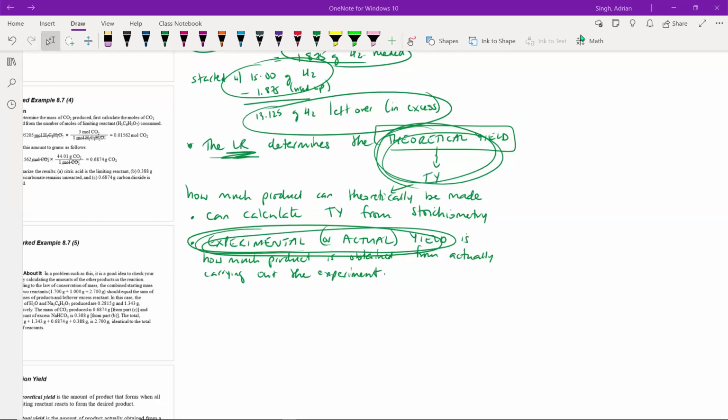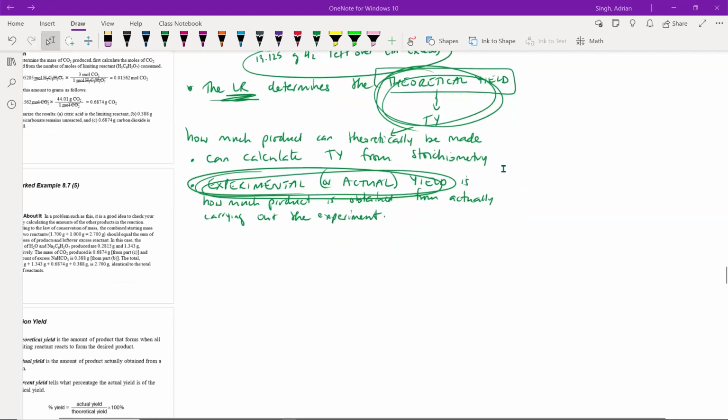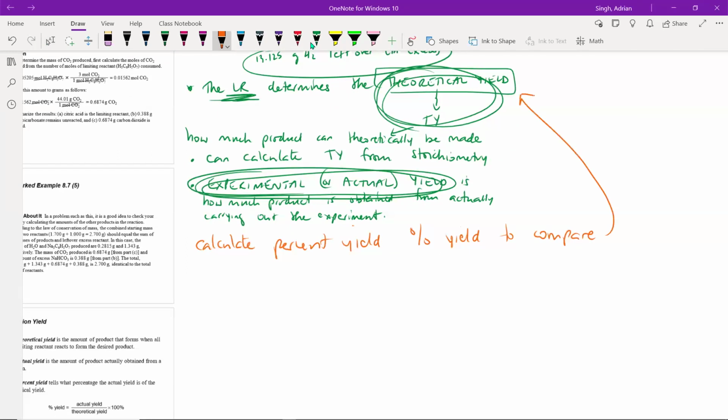The way that we compare the theoretical yield, what we predict we should get from the experiment, to the experimental yield, which we actually get from the experiment, is we can calculate something known as the percent yield.